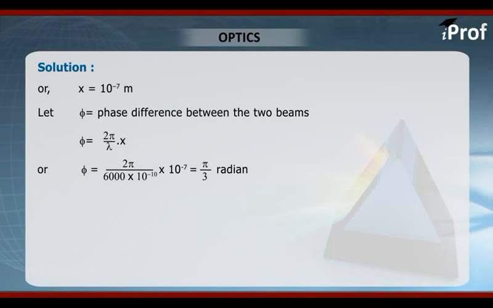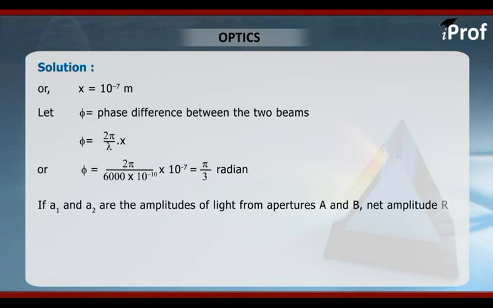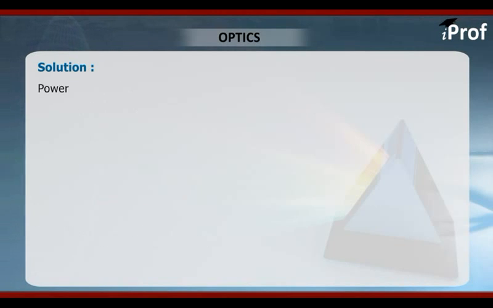Now we know that the resultant intensity at any point as a result of interference of two beams is equal to I1 plus I2 plus twice under root I1 I2 cos phi, where phi is the phase difference between the interfering beams. Now we also know that intensity and power are related by a simple expression, that is intensity is equal to power divided by cross section area, or we can say intensity is directly proportional to power.